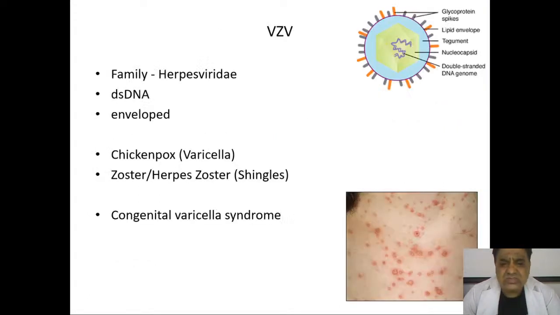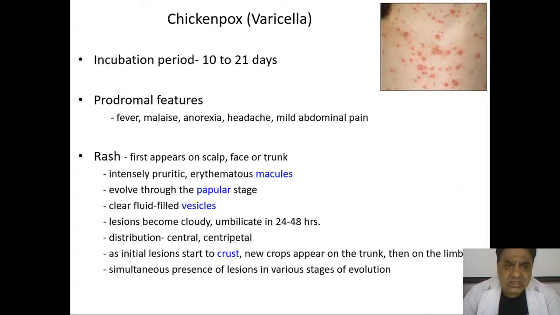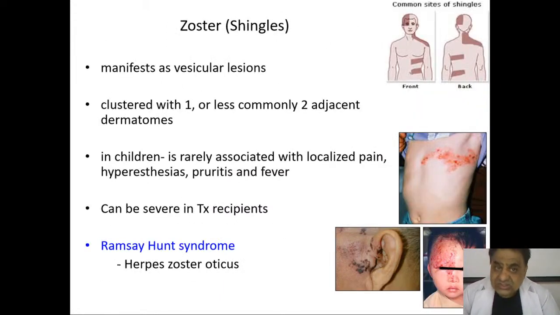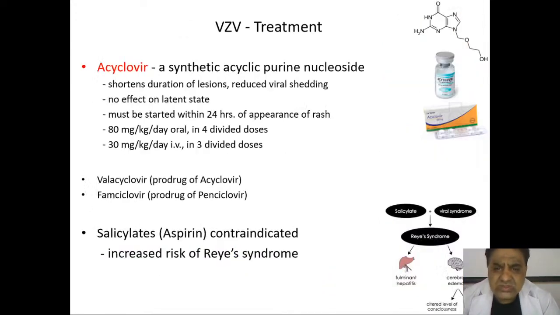I've discussed varicella zoster virus, which causes chickenpox, which we all know as a rash evolving into macules, papules, vesicles, and crusting. This may happen if the primary infection happens after transplantation, but the most common thing is zoster or shingles. Because of immunosuppression, shingles can happen anywhere in the body. It can be very severe in these transplant recipients. I have discussed zoster with you earlier.